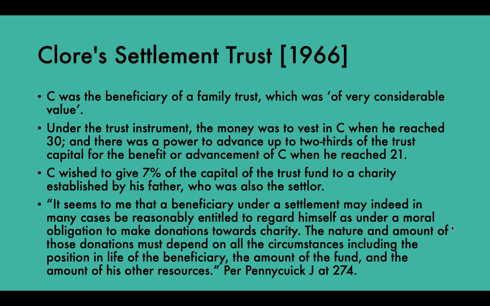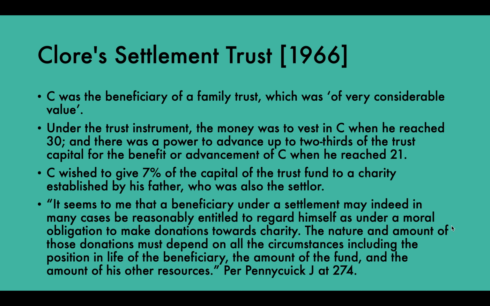So the trust instrument said that the trust capital would vest in Clore when he reached 30, but it gave the trustees a power to advance up to 2/3 of the trust capital to Clore when he reached 21. Okay. This also demonstrates you can put rules on the power to advance in trust instruments. Okay, the trust instrument will of course trump statute and case law.